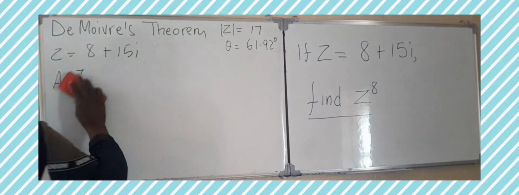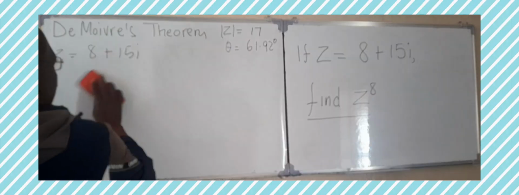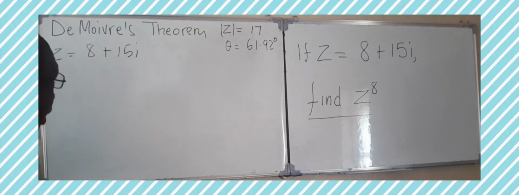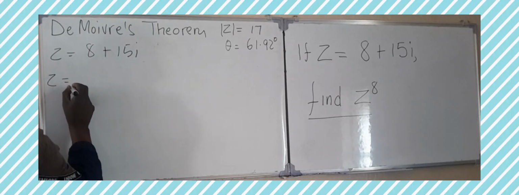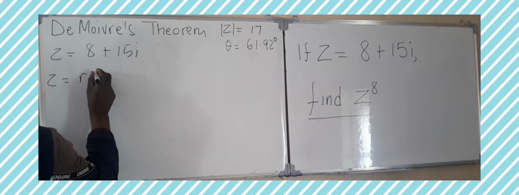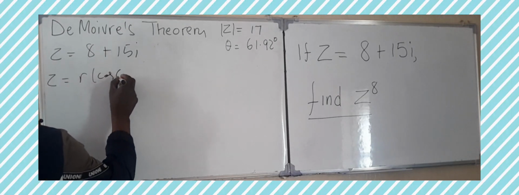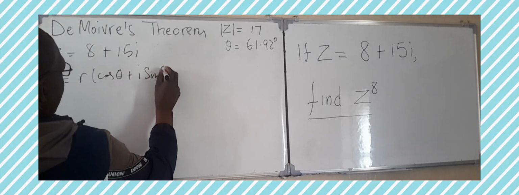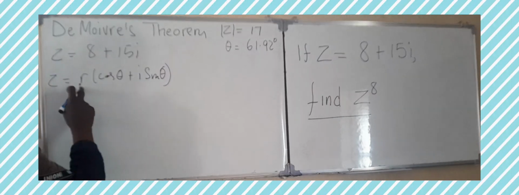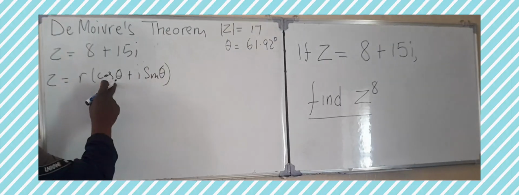All right. Now, we can express Z in polar form. We know that Z in polar form is equal to r, brackets, cos of theta plus I sine of theta, where r is the modulus, theta is the argument.